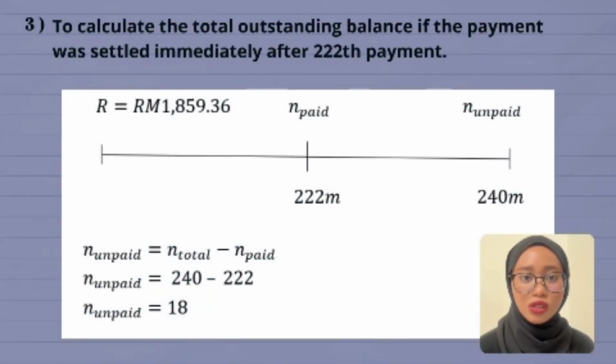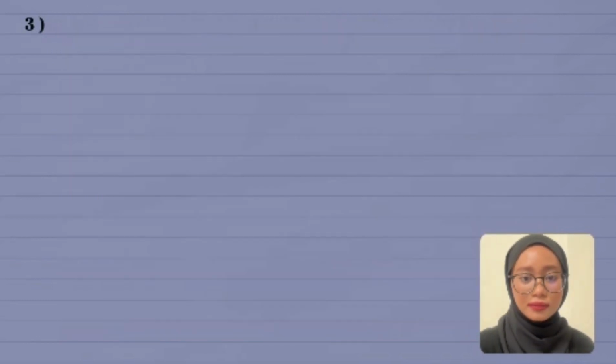Moving on to the third question: to calculate the total outstanding balance if the payment was settled immediately after 220 payments. N paid is 220 and total is 240. N unpaid equals N total minus N paid, which is 240 minus 220, so N unpaid equals 20.